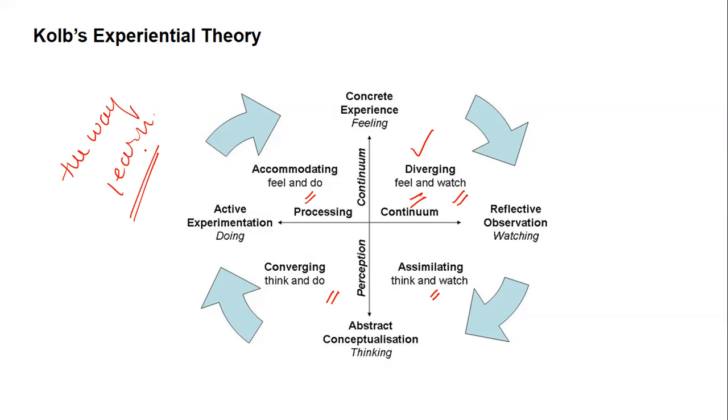So when we talk about diverging, that is feeling and watching, people look at things from different perspectives, right? Here they are sensitive. They prefer to watch rather than just do it or gather the information. So more of feeling and watching is happening over here. People perform better in situations that require generation of ideas, for example brainstorming.